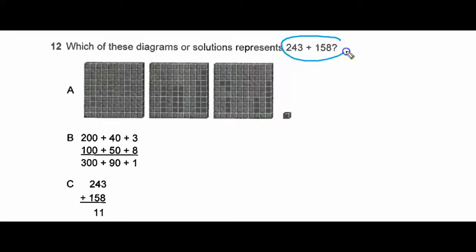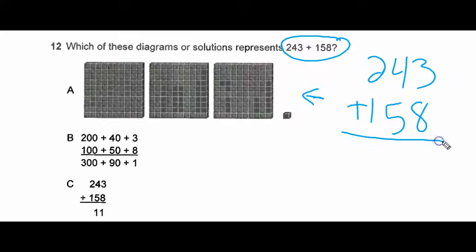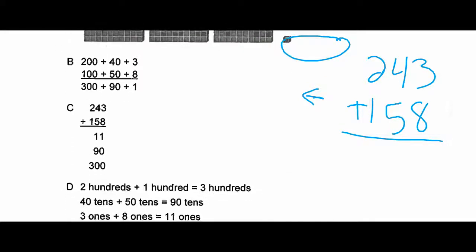So if I add both of these together, does that equal 301? I don't know. You're going to have to work out your problem. 243 plus 158. When I add both of those numbers together, does A match my answer? Does B match my answer? Does C match my answer? Or does D match my answer?